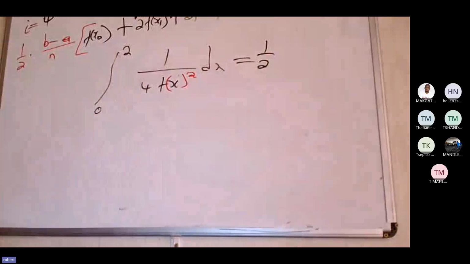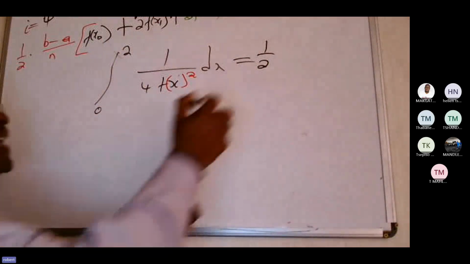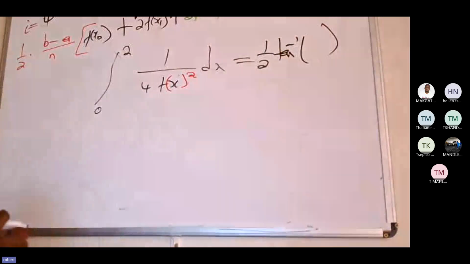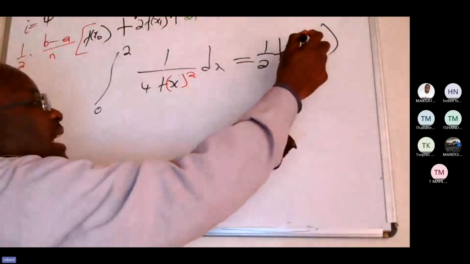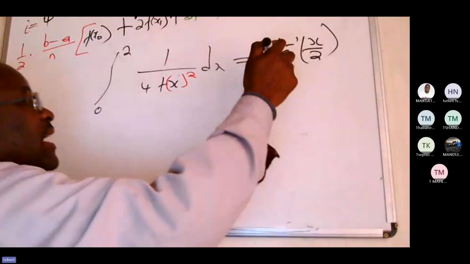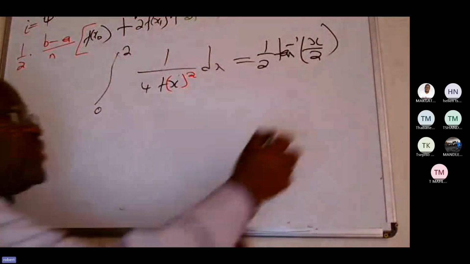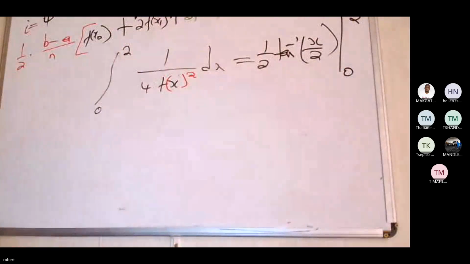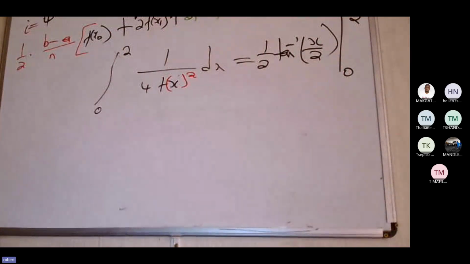What is a? A is 2. Then it will be inverse tan of f. What is f? F is x over a. Then you evaluate it from 0 to 2.